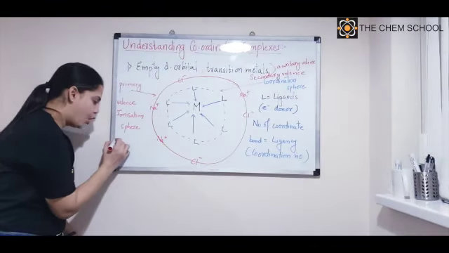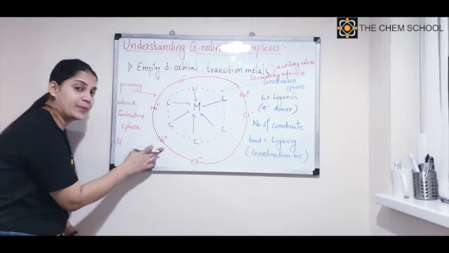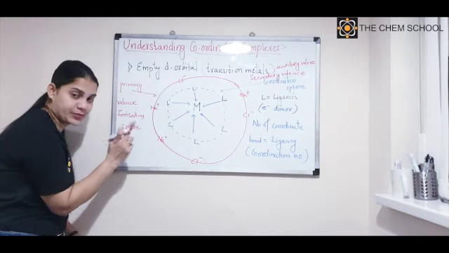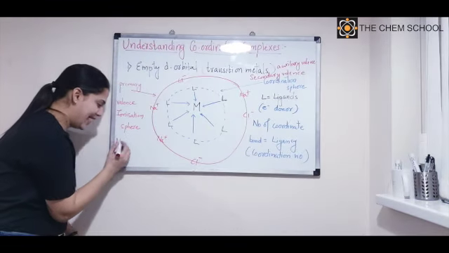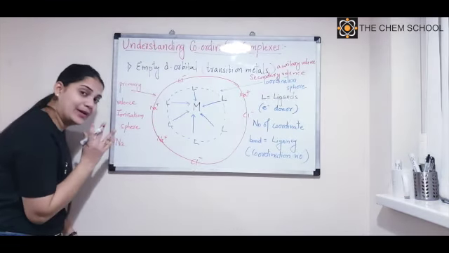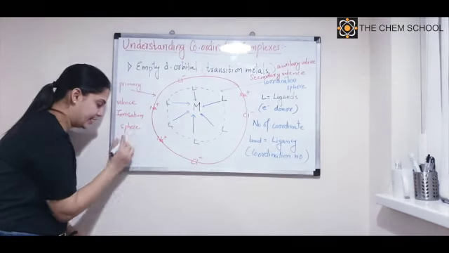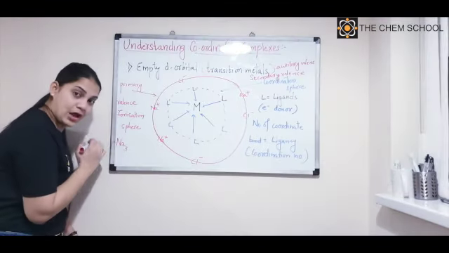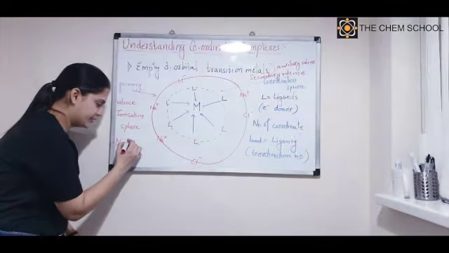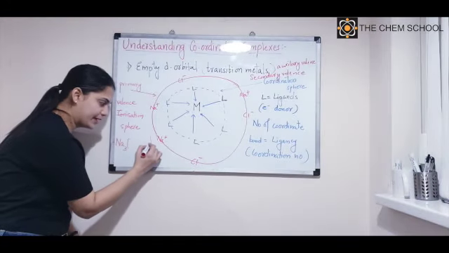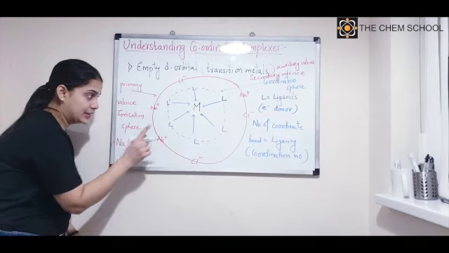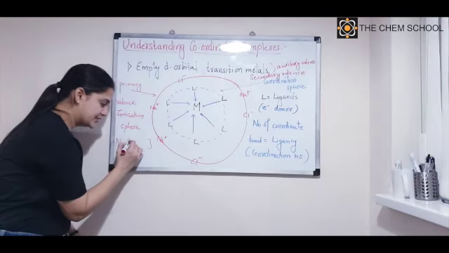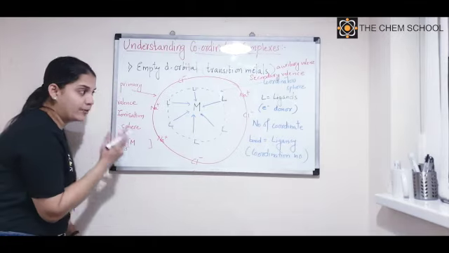All the cations of the primary valence will come first. So the cation is Na. How many Na do we have? We have 3 Na, followed by the coordination sphere in square brackets. In the square brackets you first write the metal, M, followed by the ligands.